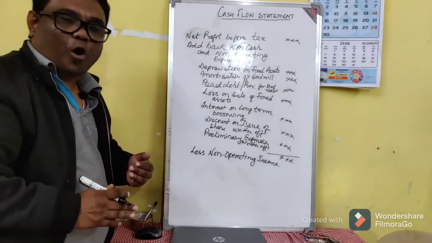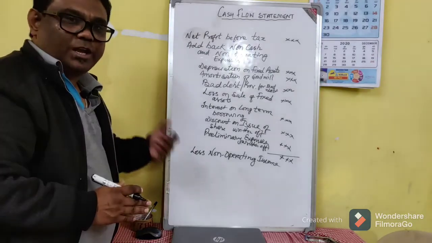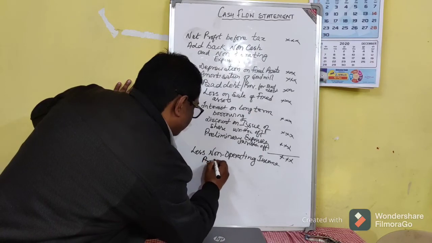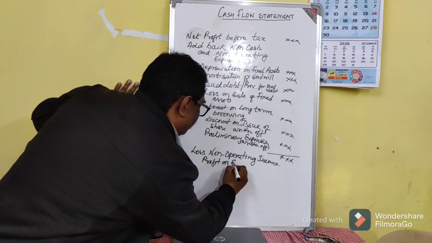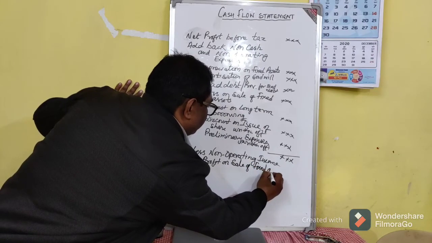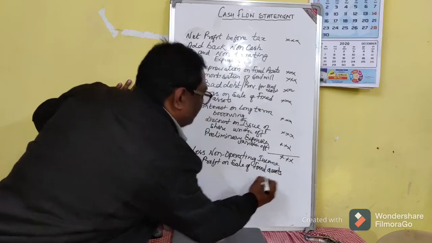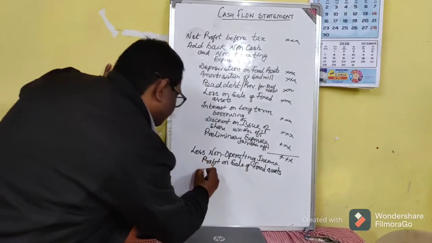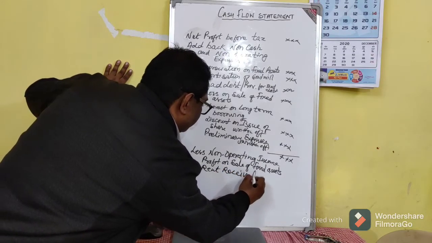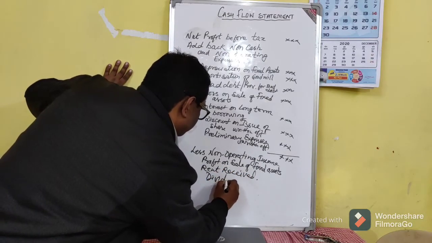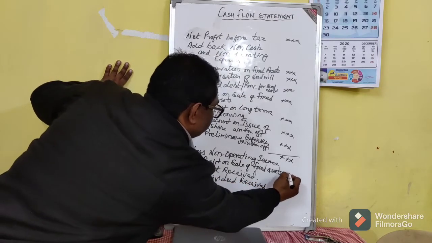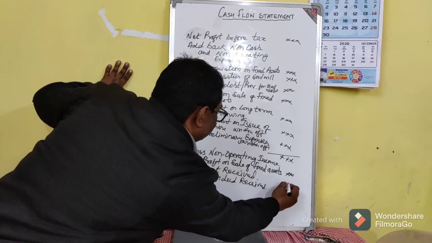Those incomes are profit on sale of a fixed asset, which is not a principal revenue of the business, rent received, dividend received. All of these are to be subtracted here.